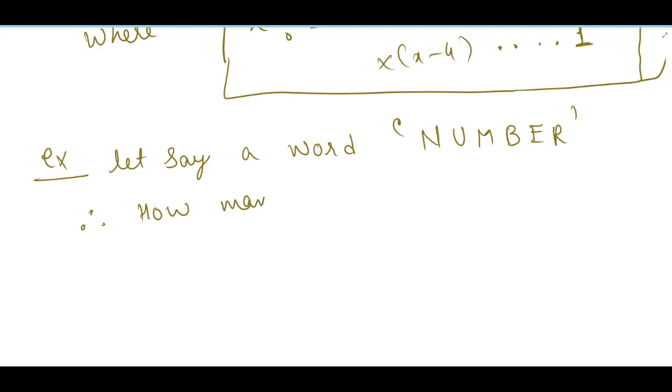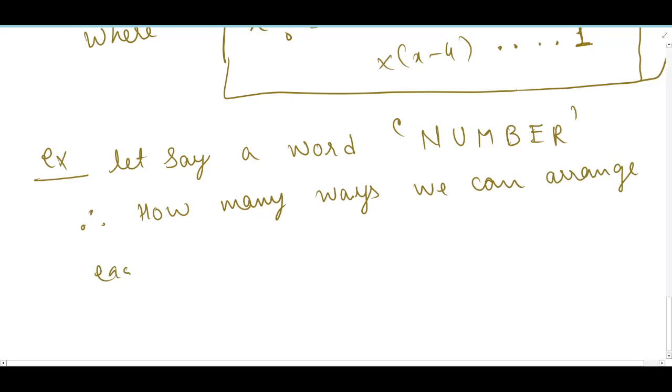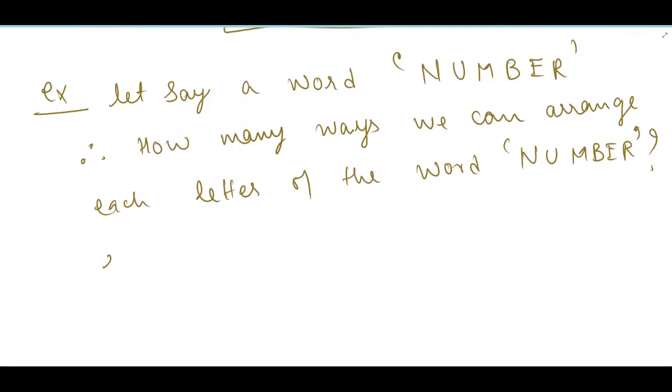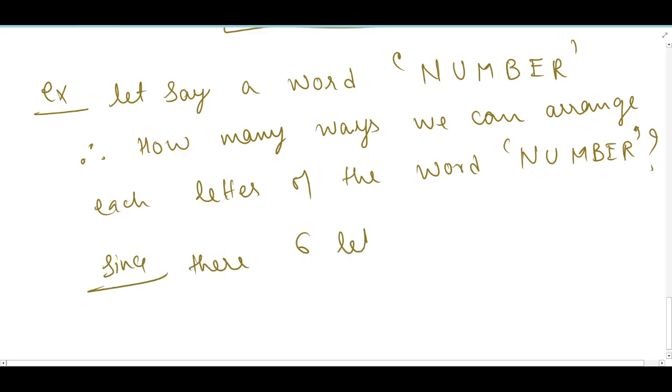How many ways can we arrange each letter of the word number? Since there are 6 letters, we can say x equal to 6.